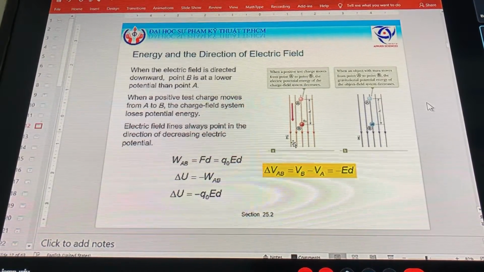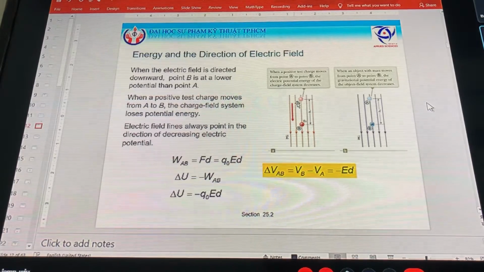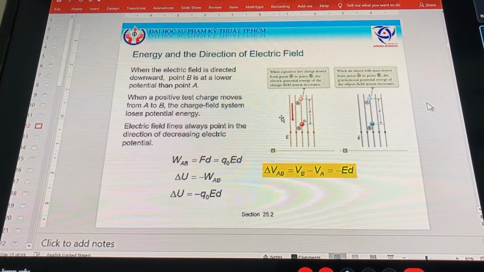So the work is F multiplied with d, right? The charge is Q0, so you have here E ds, and the integral of that is E d, the distance d here. Then in this case, you can see that delta U is minus W AB, which is minus Q0 E d.